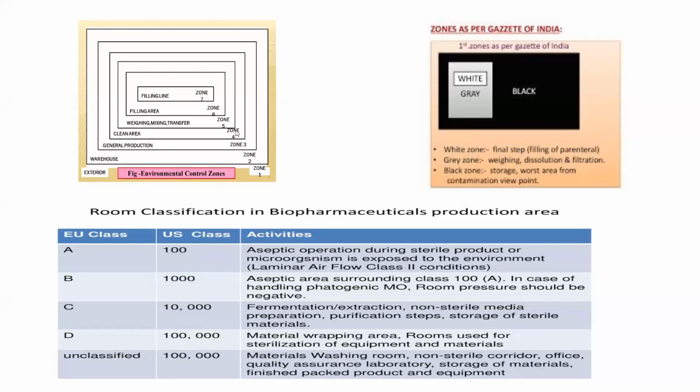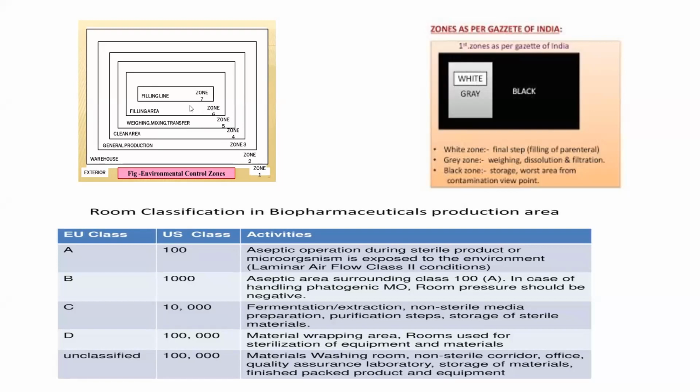Zone 4 is the clean area. Here some weighing, mixing may occur, or cleaning of bottles and drying occurs. These are the primary packaging materials, so it is done in clean area. Then zone 5 is weighing, mixing, transfers and sterilizations, all occurring in zone 5.